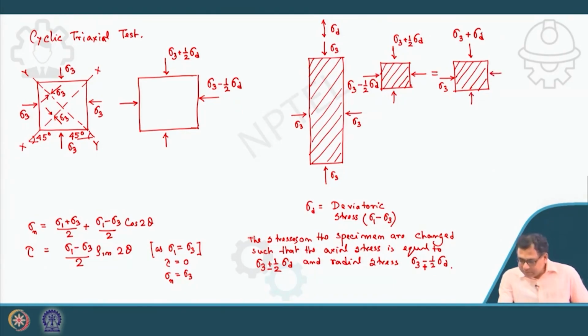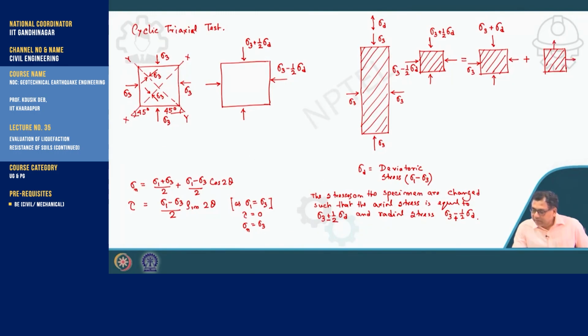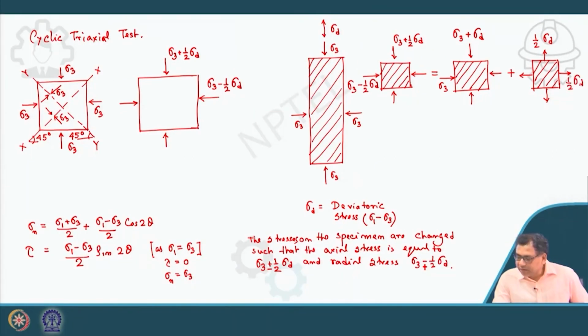This is the actual stress condition, plus if stresses act in this direction with a value of half sigma d, this is also half sigma d, then I can achieve this condition.